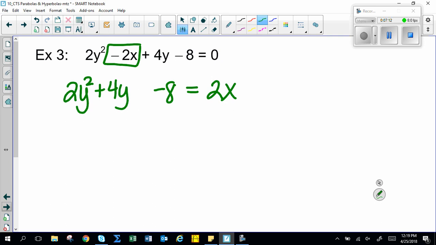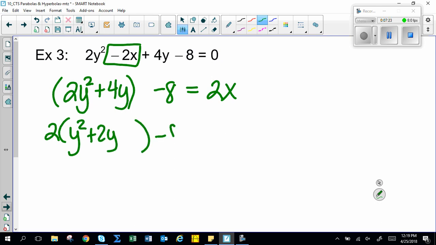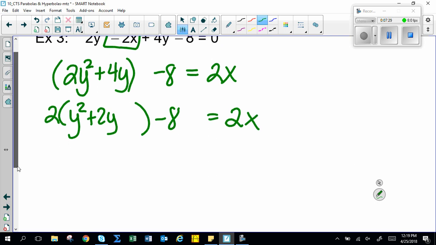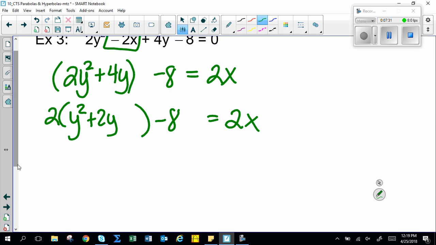So I'm ready to take out the leading term here, which is a 2, which will leave me with y squared plus 2y. I still have minus 8. I still am equal to 2x. So I haven't changed the value of anything yet. I'm going to complete this square here.